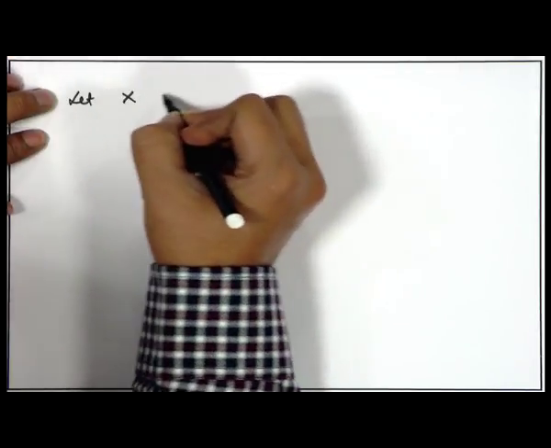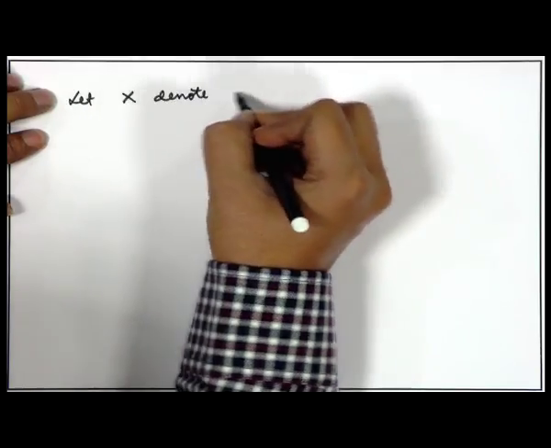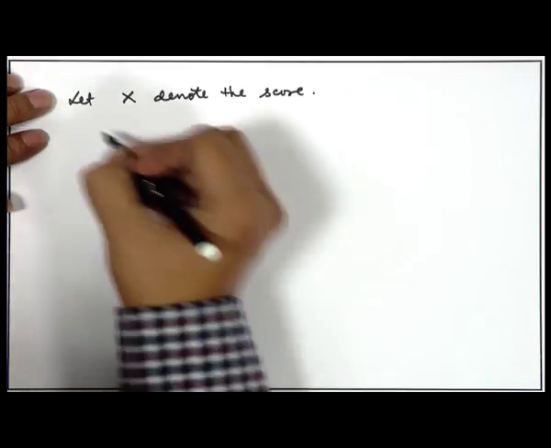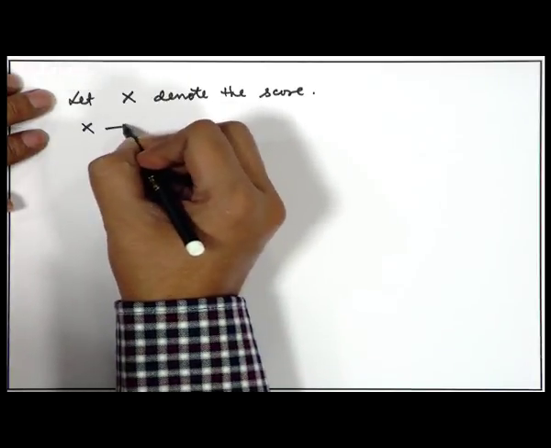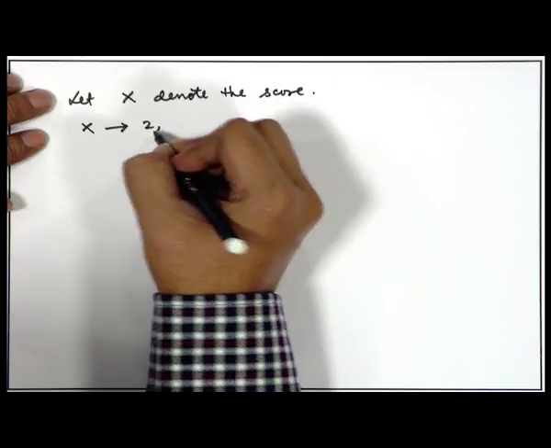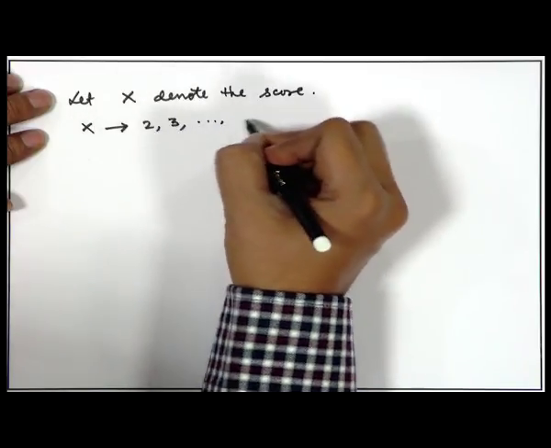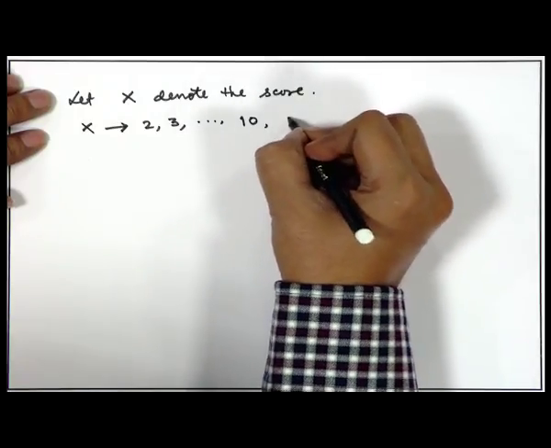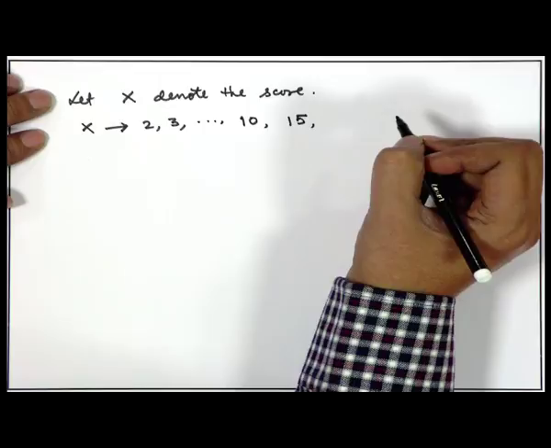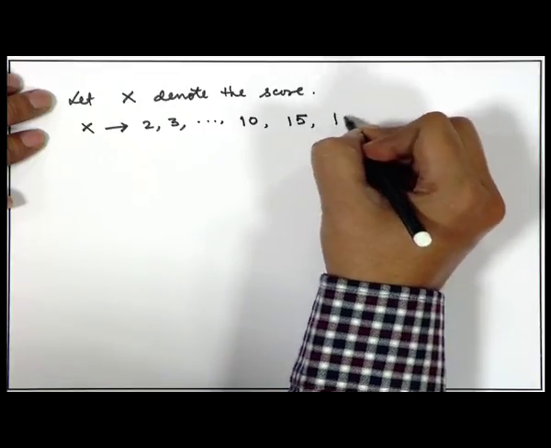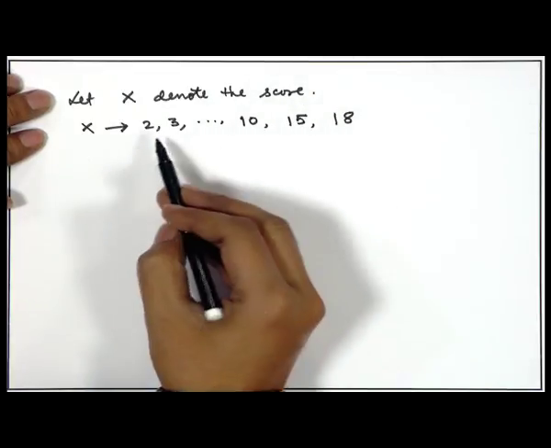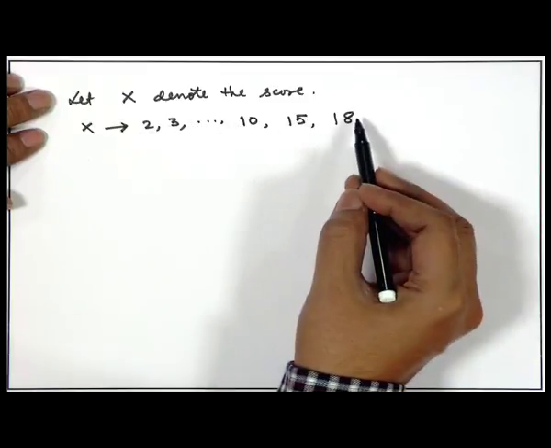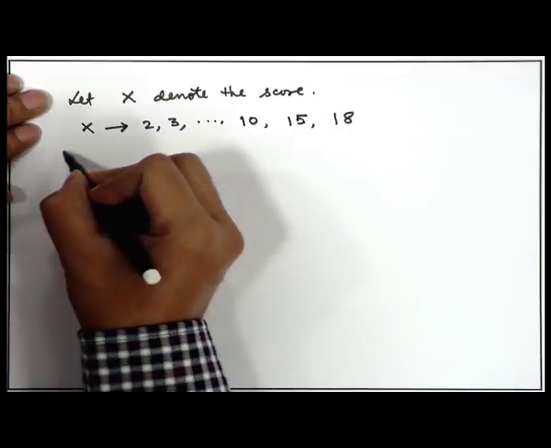Let x denote the score. Then what are the possible values of x? The possible values of x are 2, 3 up to 10. If the king, queen or the jack is drawn, the score allocated is 15, and if an ace is drawn, the score allocated is 18. So, the values that x can take are 2, 3 up to 10, 15 and 18. So, it is a discrete random variable.